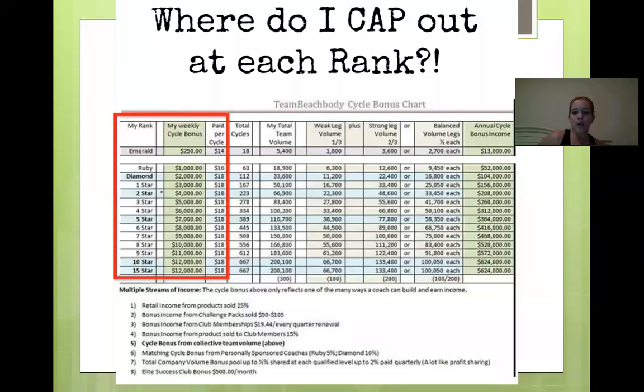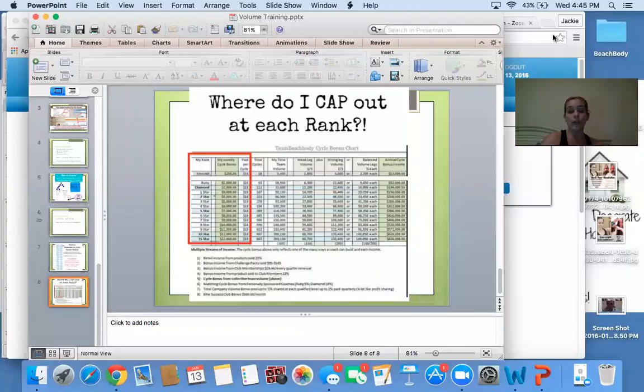So, again, this is a great chart to reference. But this is really the crux of it. This is what you need to see and why it's so super important to get working coaches under you in order to get your cycle bonuses. Okay.